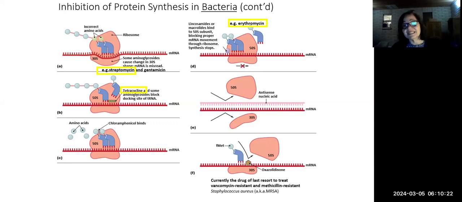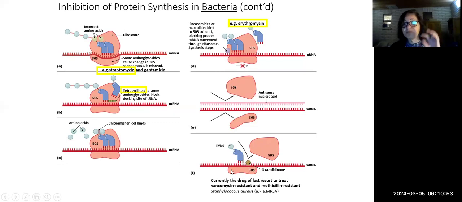Okay, and then finally, the last one, oxazolidinone. Oh my gosh, oxazolidinone. This is really quite clever. This binds to one of the sites of the ribosomal subunits and does not allow the large ribosomal subunit to join.